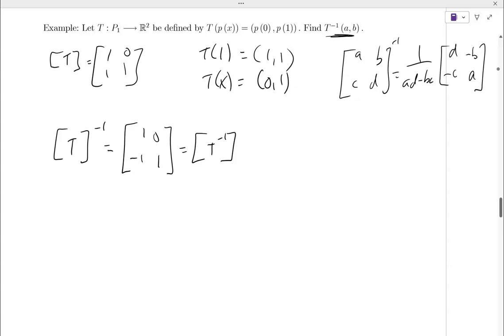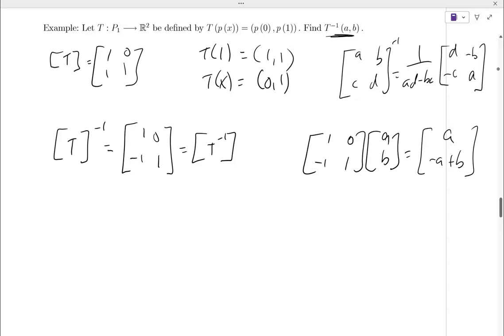But if we use the matrix here, if we take 1, -1, 0, 1, and multiply it by some (a, b), what do we end up getting out? What's the first component going to be? A. The second one's going to be b minus a, or -a plus b, right? Remember, the whole point of being able to use matrices for the transformations is that this gives you coordinates.